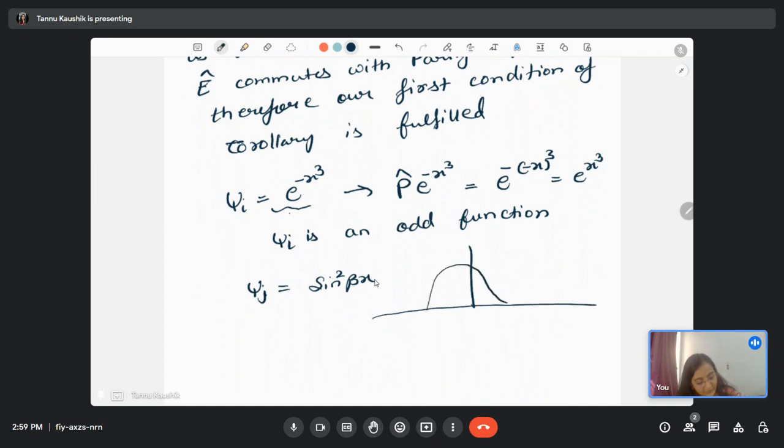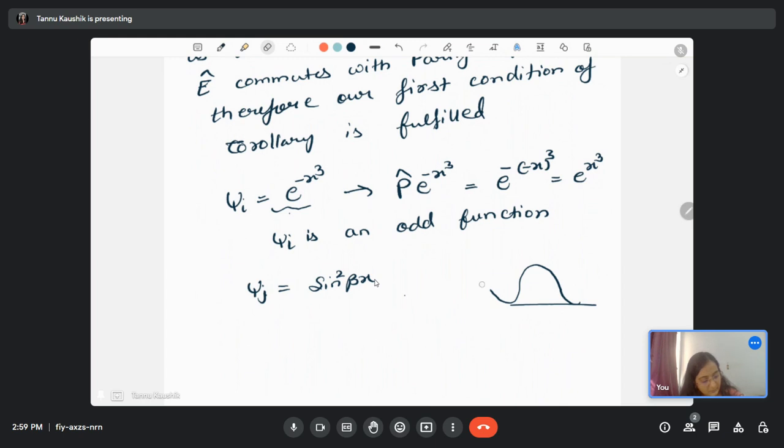And for this sine square beta x, if we see its graph, we will see this kind of graph. Okay, if we plot a graph for it, we will get a symmetric plot.